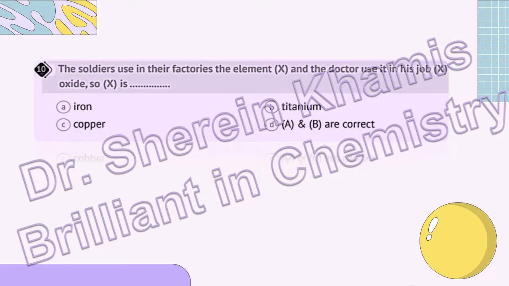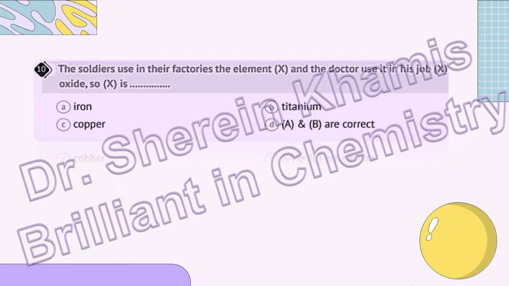Question 10 says that the soldiers use in their factories the element X, and the doctor also uses X oxide in his job. So X is one of them that soldiers use in factories, and doctors also use in the form of oxide or the compound. What will be the element X?